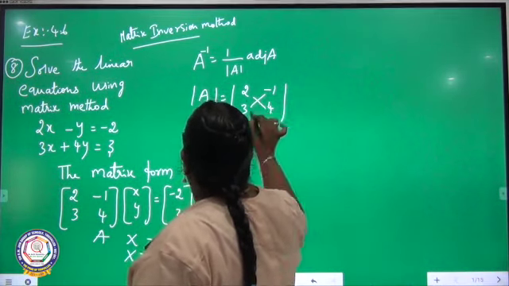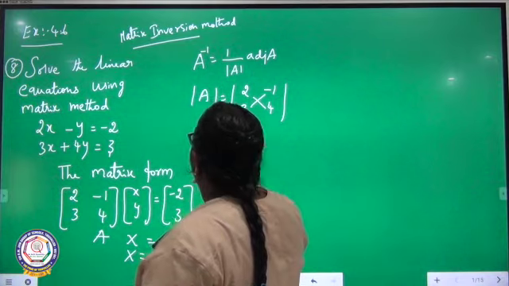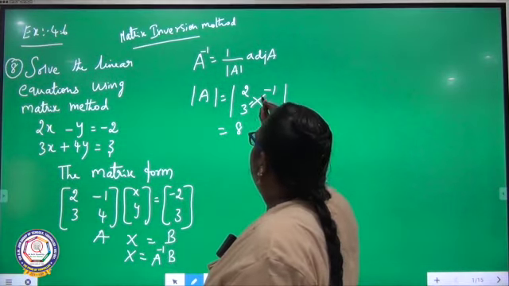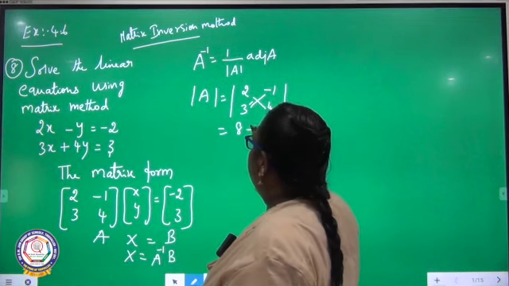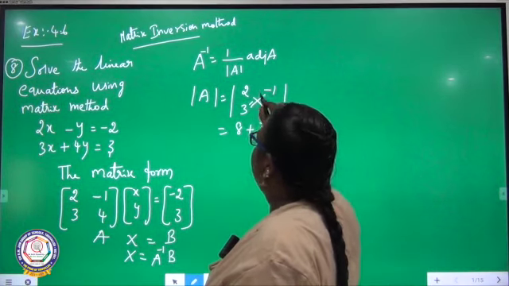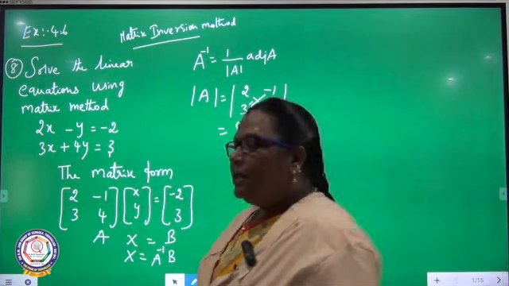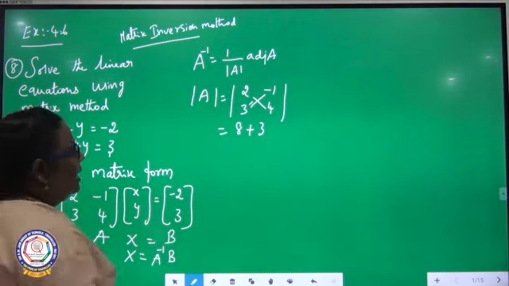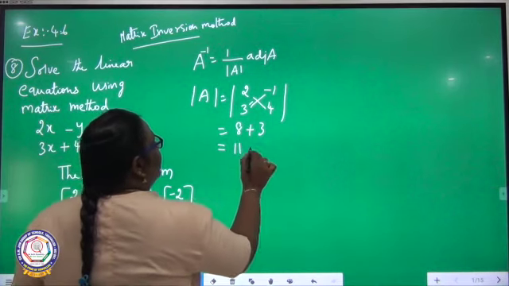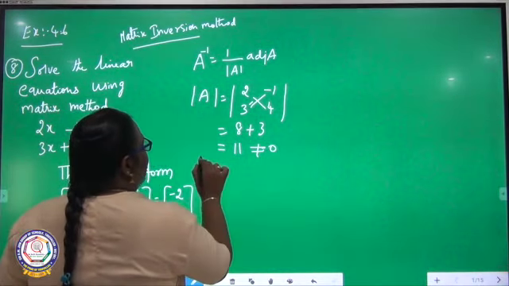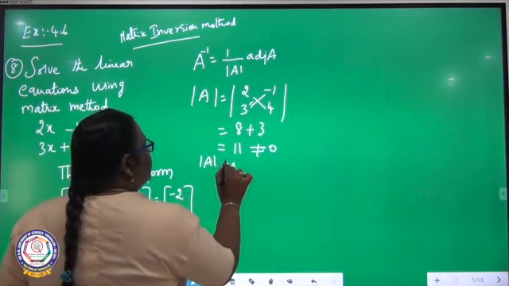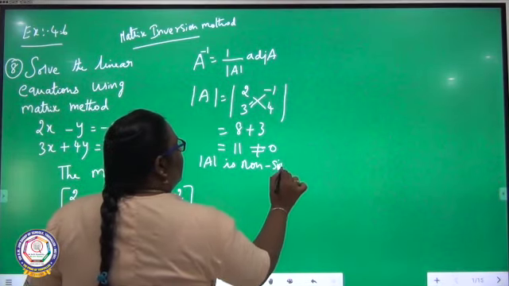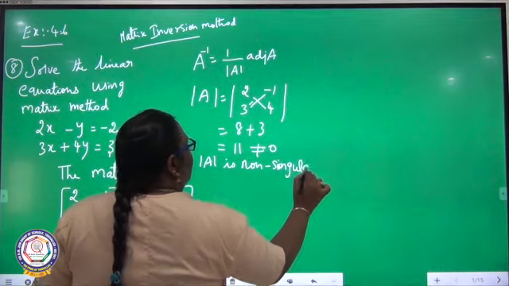So do the cross multiplication. 4 2s are 8, minus of minus 3, so plus 3. Minus into minus becomes plus, 3 1s are 3. So 4 2s are 8 plus 3. The value is 11, not equal to 0. So A is non-singular.